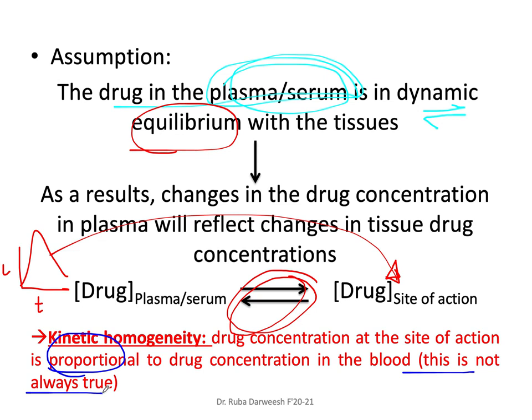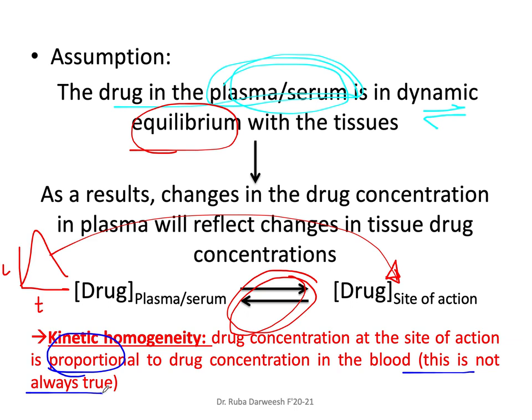Why is this assumption very important? You need to think about it in an experimental way. Why is it important that the concentration of the drug measured in the biological fluid, mainly in the systemic circulation, is at equilibrium with the drug concentration at the site of action? Why?